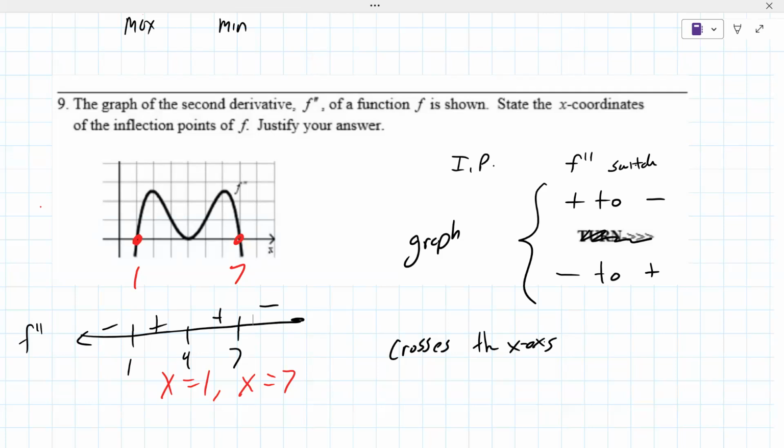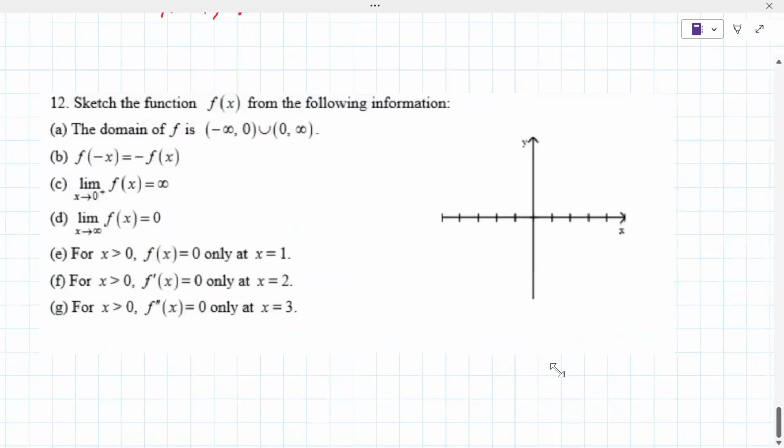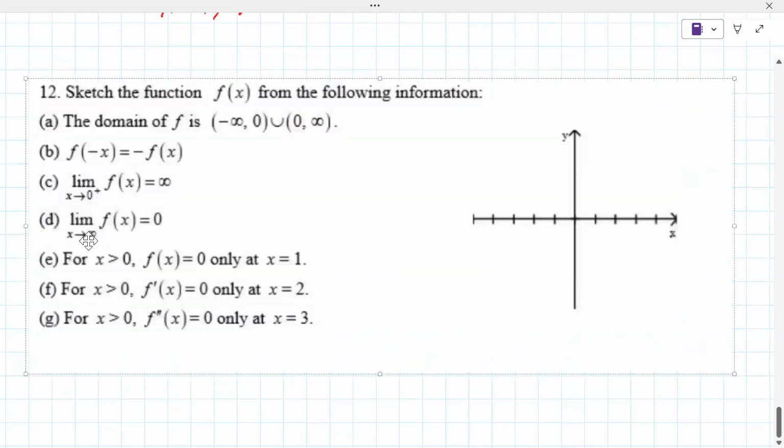Okay, so 12. One of the things about 12 is that there's a lot of graphs that work, so you generally don't get this. It's hard for people to grade, is the truth. There are a lot of right answers. So what you really need to know is what each of these things means.